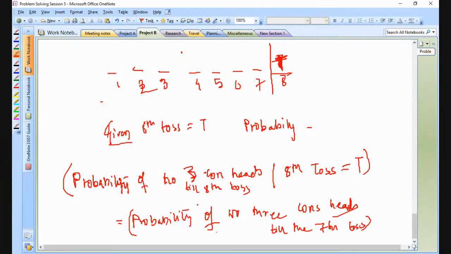So if 3 heads are occurring or not occurring, it will happen only within the first 7 tosses. Otherwise it will not happen. So this is the first idea.